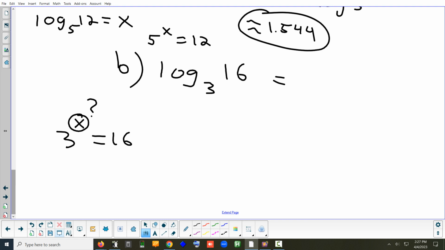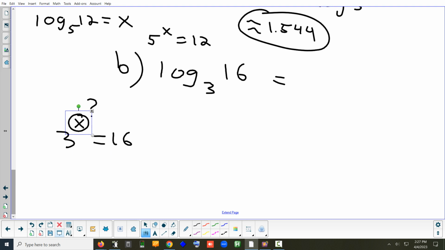We don't know what it is exactly, but we can say it's between this and this. 1 and 3. So 3 to the second power is 9. That's too small. 3 to the third power is 27. That's too big. So it's somewhere between 2 and 3.